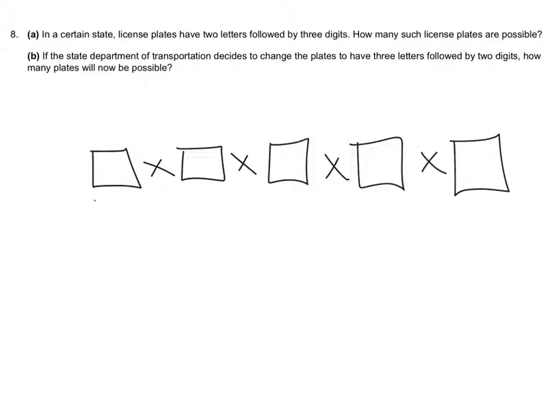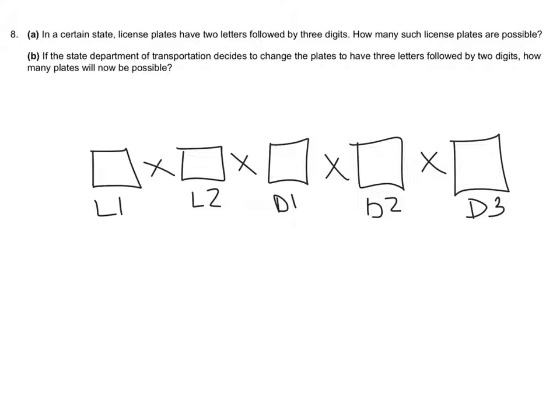My first 2 tasks are to choose a letter. We'll call this letter 1 and letter 2. The third tasks are to select a digit. We'll call those digit 1, digit 2, and digit 3. Now I want to just determine the number of ways to complete each task.